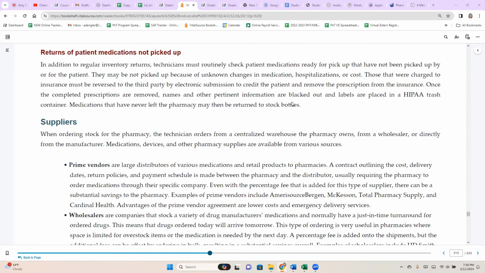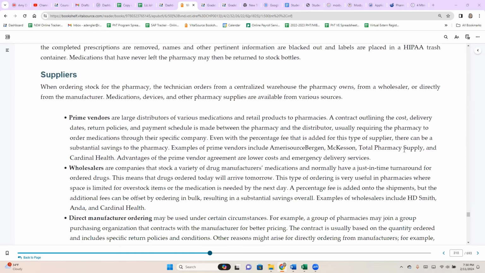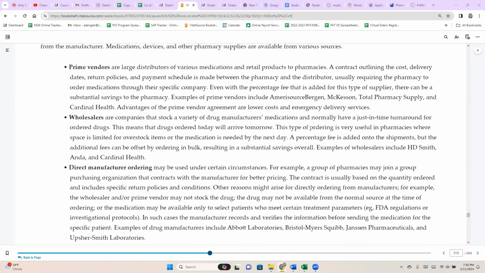When ordering stock for the pharmacy, the technician orders from a centralized warehouse the pharmacy owns, from a wholesaler, or directly from the manufacturer. Medication, devices, and pharmacy supplies are available from various sources. Prime vendors are large distributors of various medications and retail products to pharmacies.